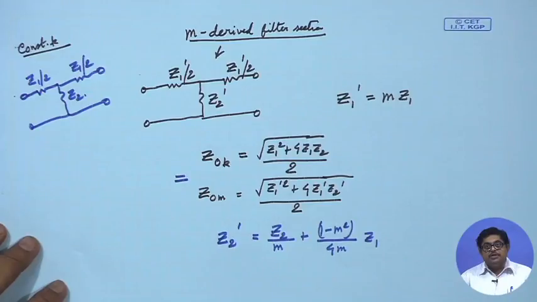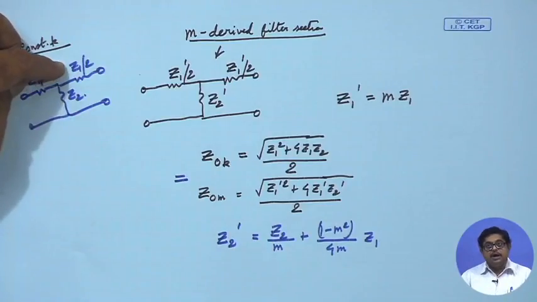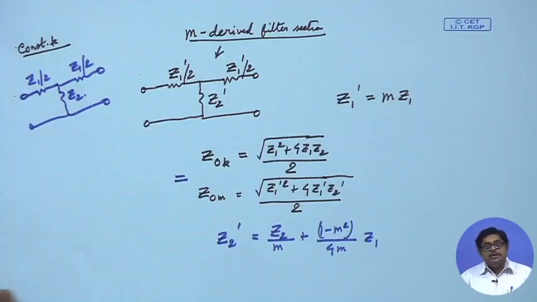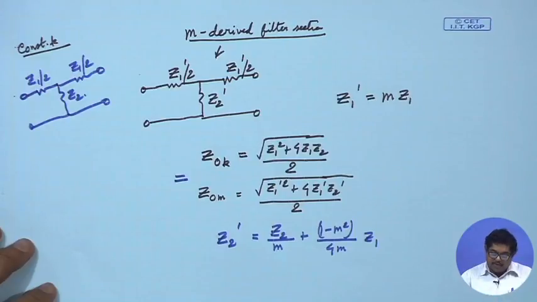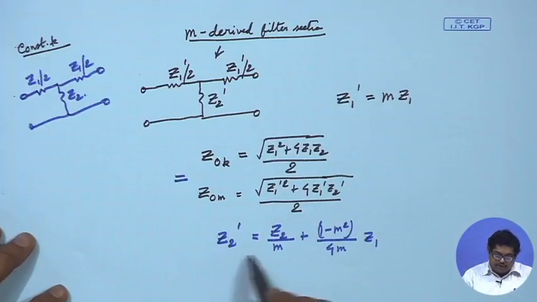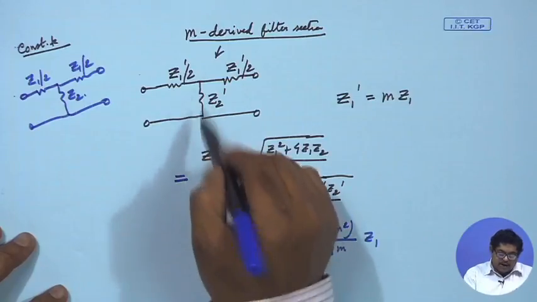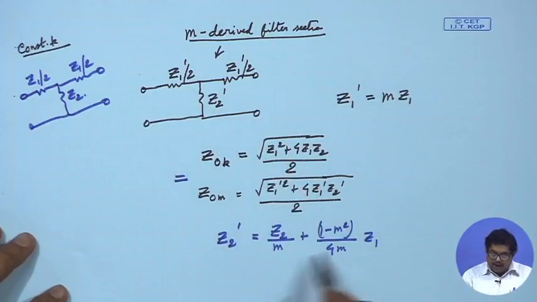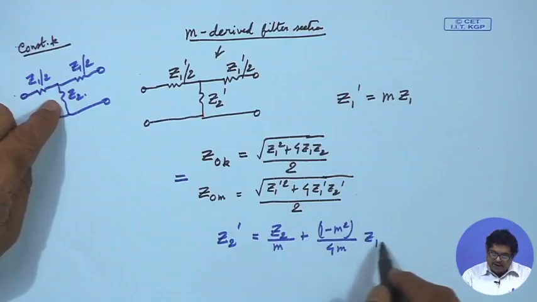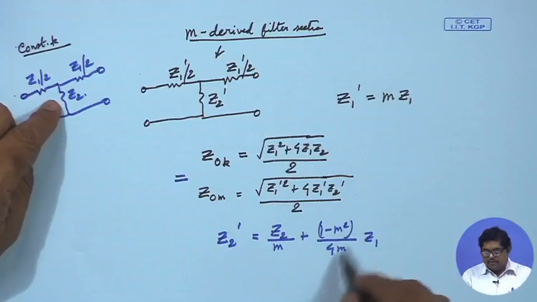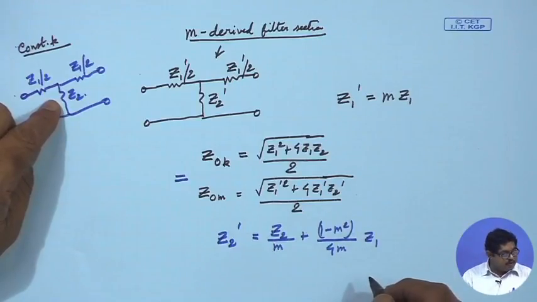That means, if one is chosen as L, another is C, and depending on whether I choose L in the series arm or C in the shunt arm, I get a low pass or high pass action, etc. So, now you see that this equation says that Z2 dash will be two elements. One is a scaled version of Z2 and in series with a scaled version of Z1.